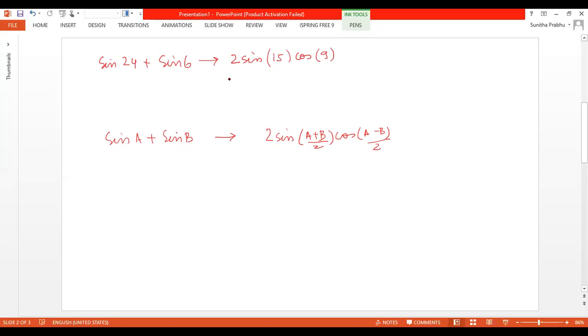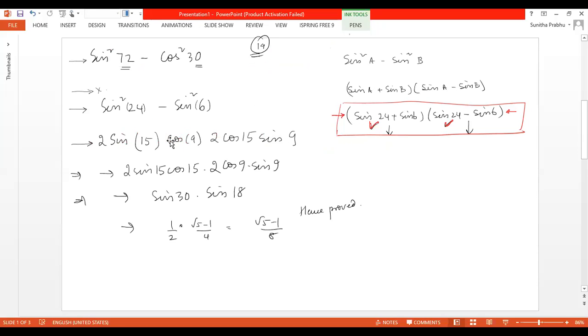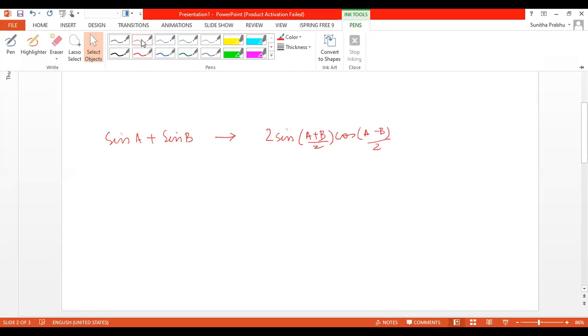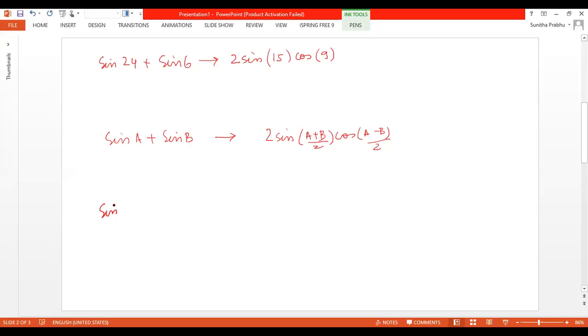Okay. So as I was doing this, I felt worried. Here 15 and 9, we don't know what to do. So what my other friends have done is they have parallelly checked sine 24 minus sine 6.